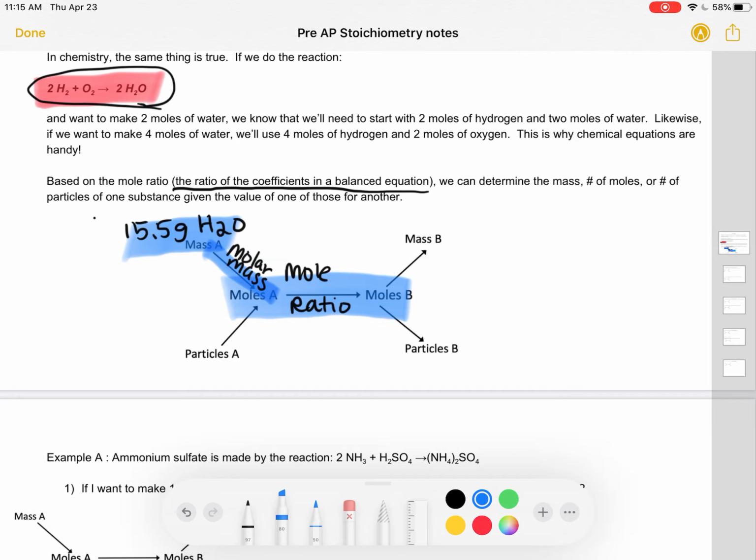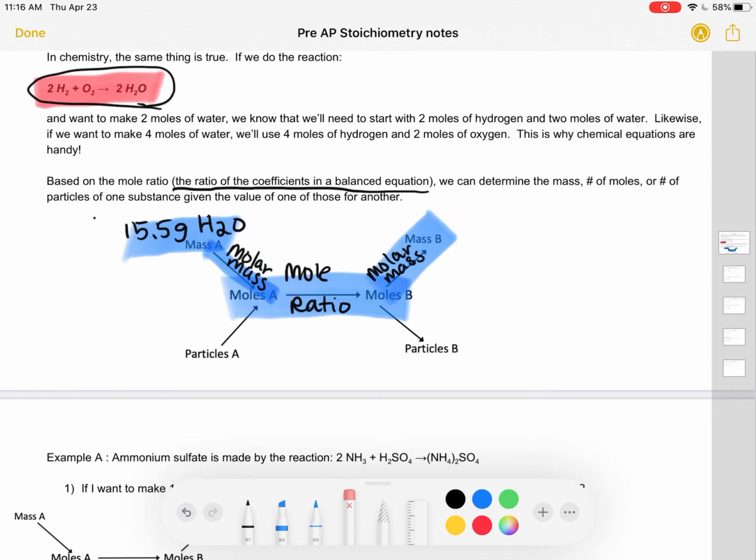And then to find out how many grams of hydrogen, so go to mass, I would just use my number of moles of hydrogen to determine, using my molar mass, how many grams. And we can do this for all of these different variables here.